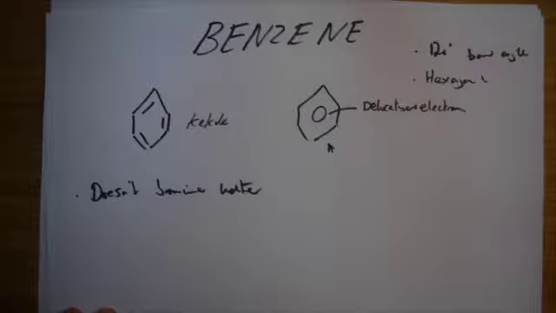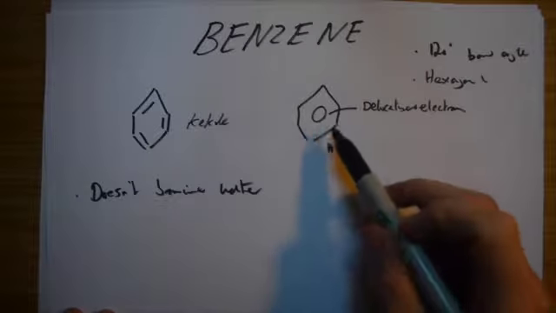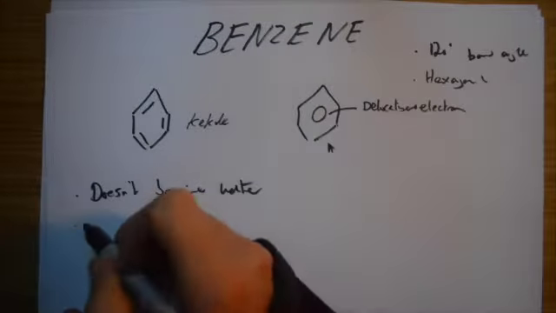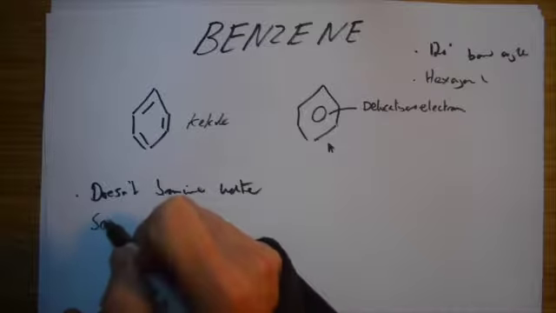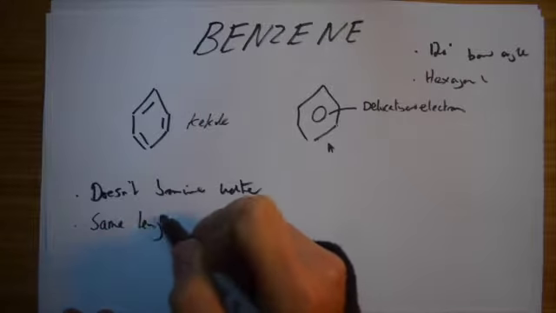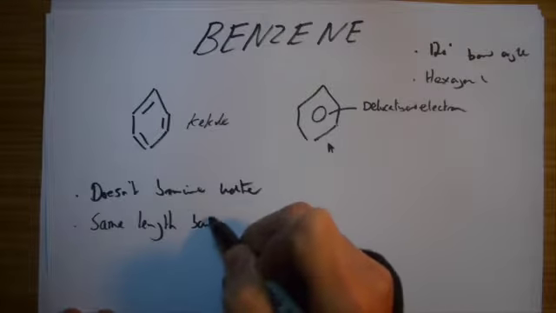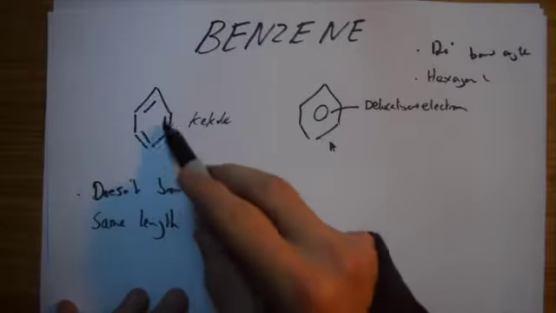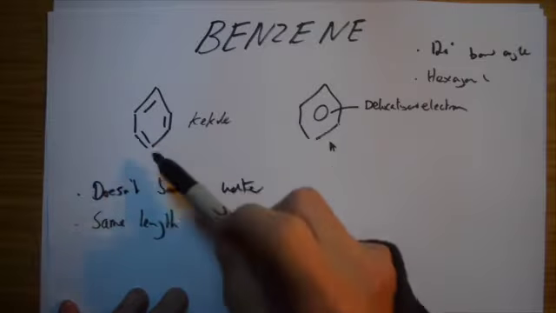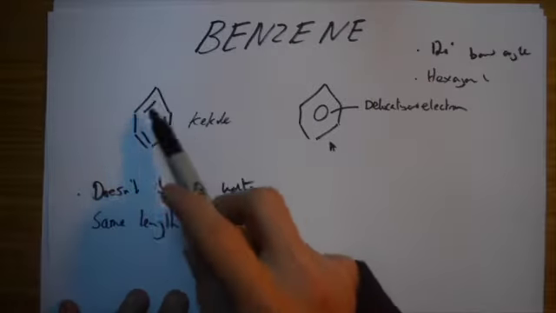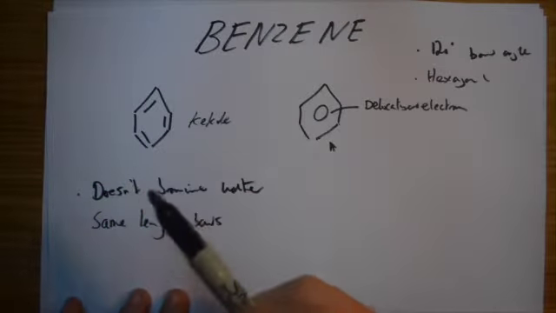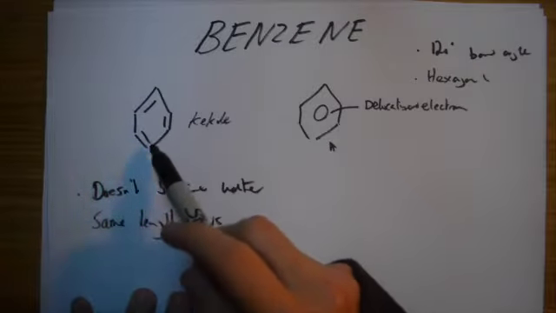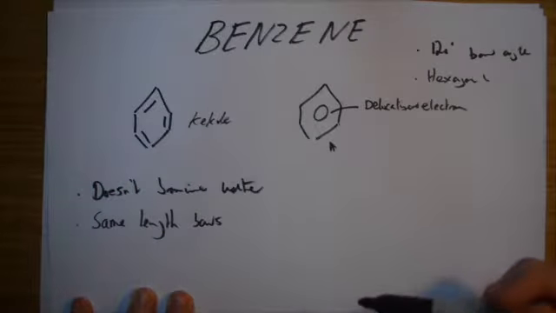The next point is that all the bonds in benzene have been observed to be the same length. Now, it's a well known fact that double bonds and single bonds are different lengths, the double bonds being shorter than the single bonds. So if we had the Kekule structure with these alternating double bonds, all these couldn't be the same length.